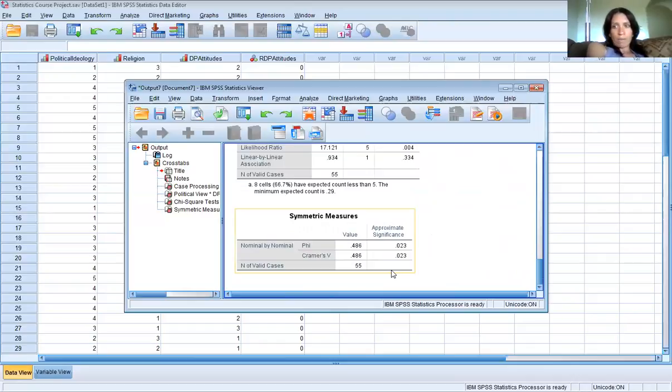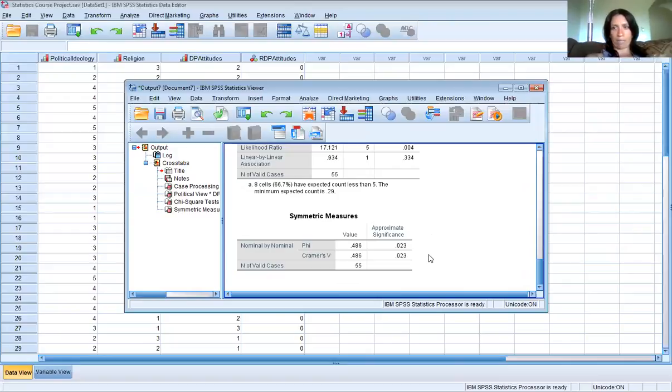So it's positive, meaning that more conservative people are more likely to support capital punishment. So you're looking again at two things, the strength and the direction, and that's what the measures of association tell you. So it just tells you that, yes, my hypothesis is supported, and you would need to say that.